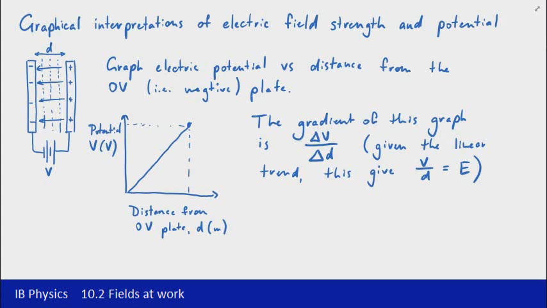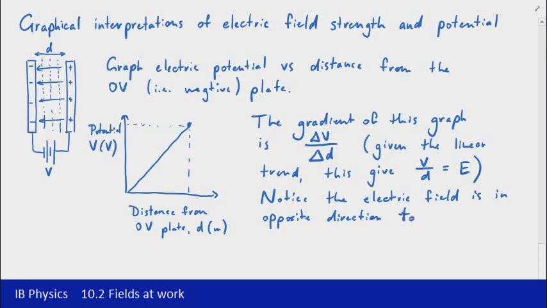Want to take this a bit further than that though. The other thing here is that the electric field strength here is in the opposite direction to the increasing potential as that value of D increases.